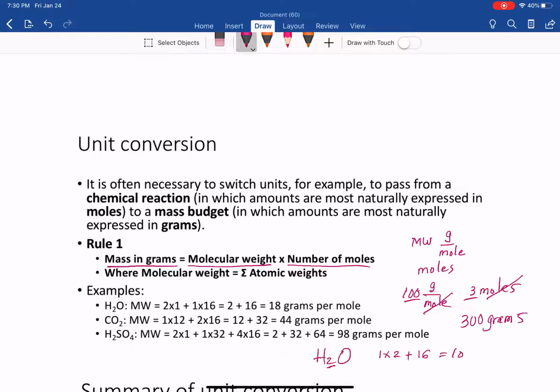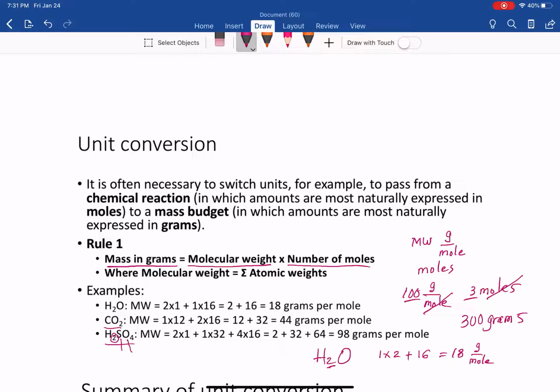So this is 18 gram per mole. Same thing applies for CO2, H2SO4. You have to break down every element: H2, there are 2 hydrogens; sulfur, there is 1 sulfur; oxygen, there are 4 oxygens, 4 times 16.